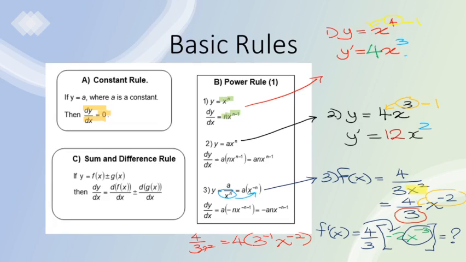So 4x cubed. Okay, that one is number 1.